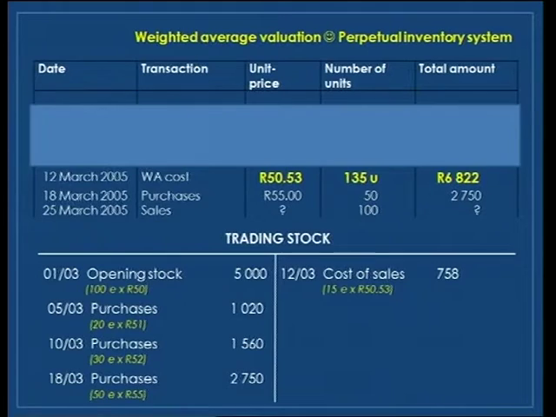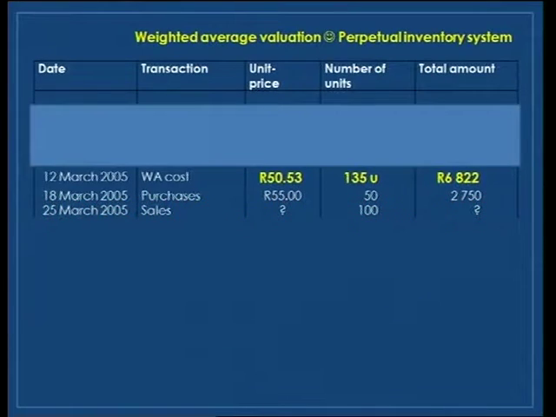Okay, so how will we do that? Let's see. Let me do that. Okay, there we go. What's available? 135 units plus 50 units, so we have 185 units available. What's the total cost of those units?